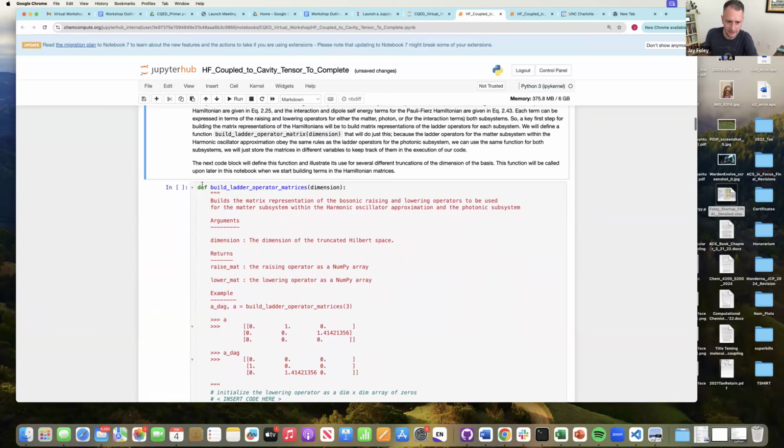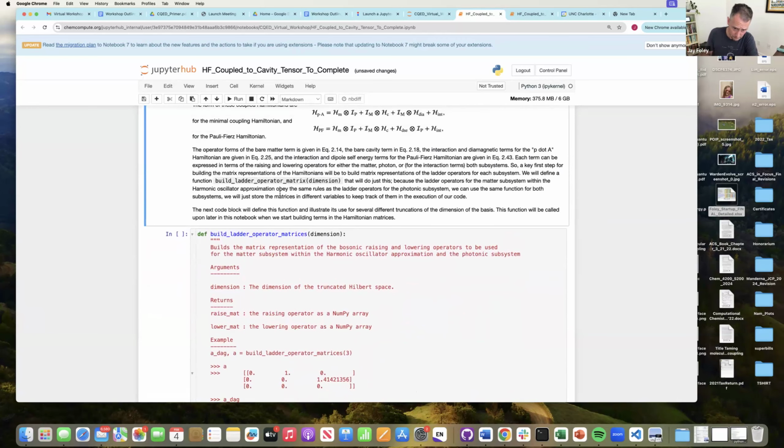And so this takes us right down to the first function here that we're going to complete. The documentation up here suggests that we're going to complete this function called build ladder operator matrix. It's going to take one argument, which is the dimension. Basically, this is how we're going to specify how many different states we want in our basis.